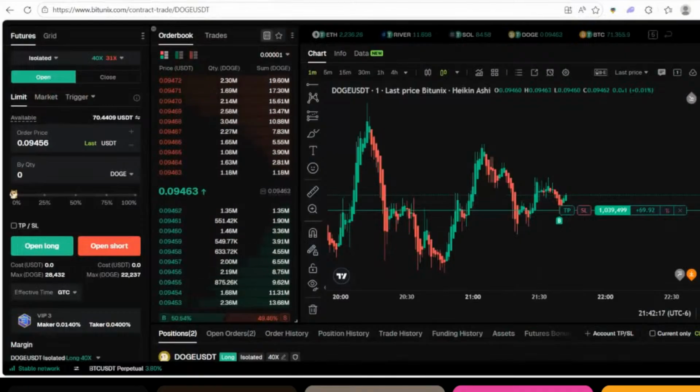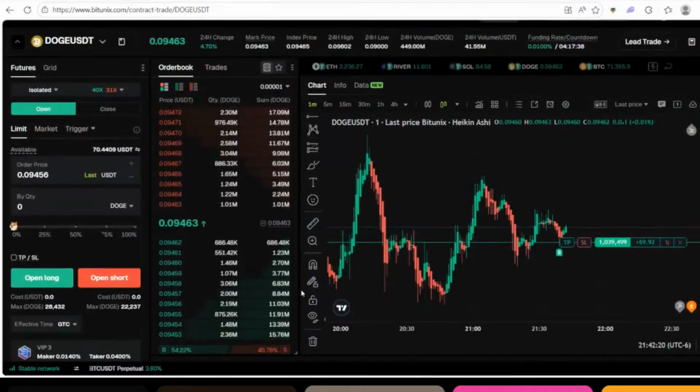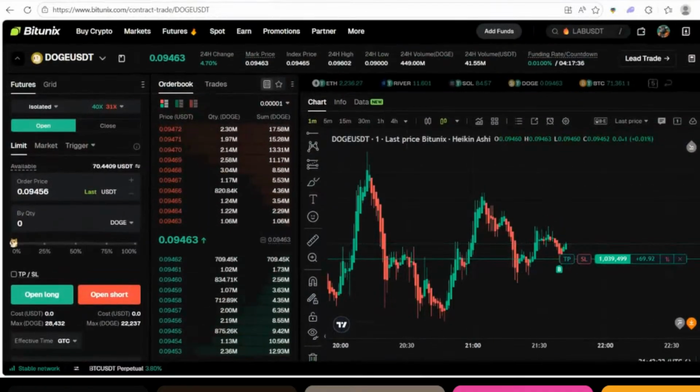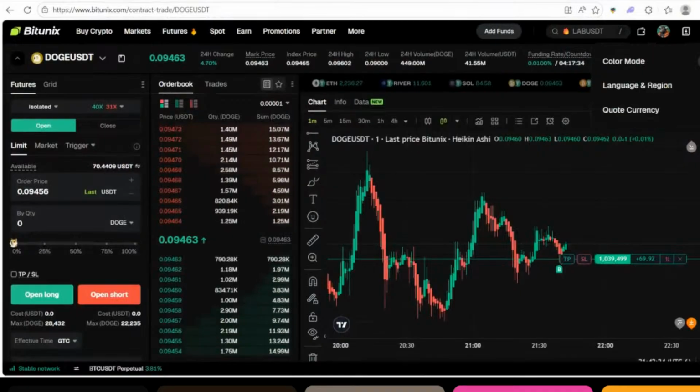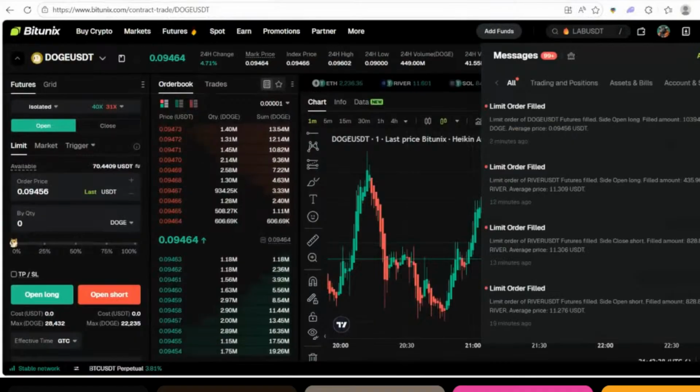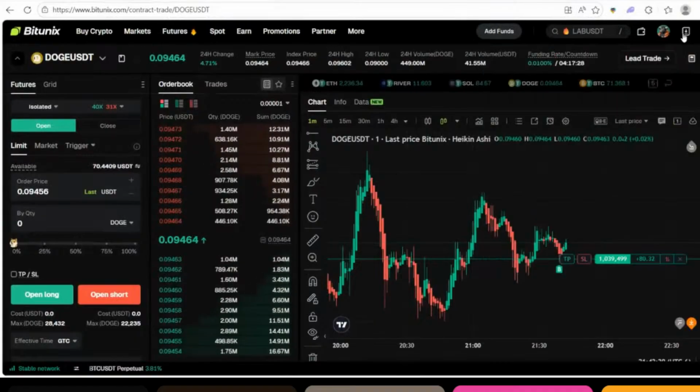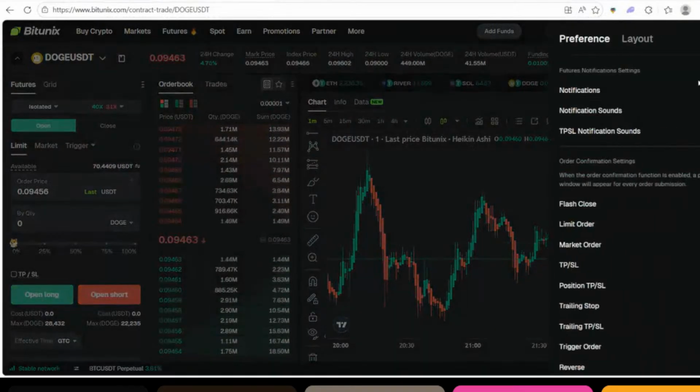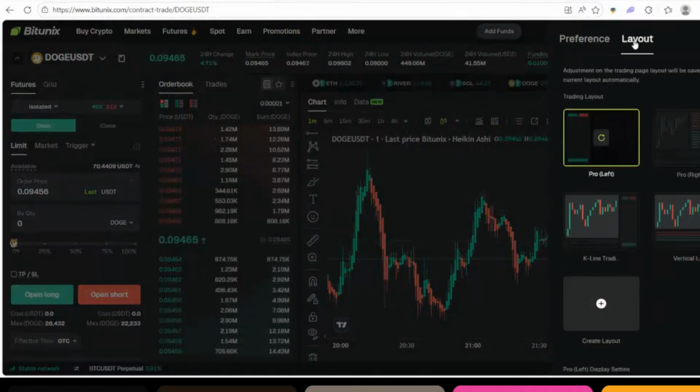I think you mentioned that. So go to YouTube and see how to change that, right? Because normally if you go to settings over here, you can basically adjust it. See how it says settings, right? So you should be able to go to layout. Make it look like Trading View.